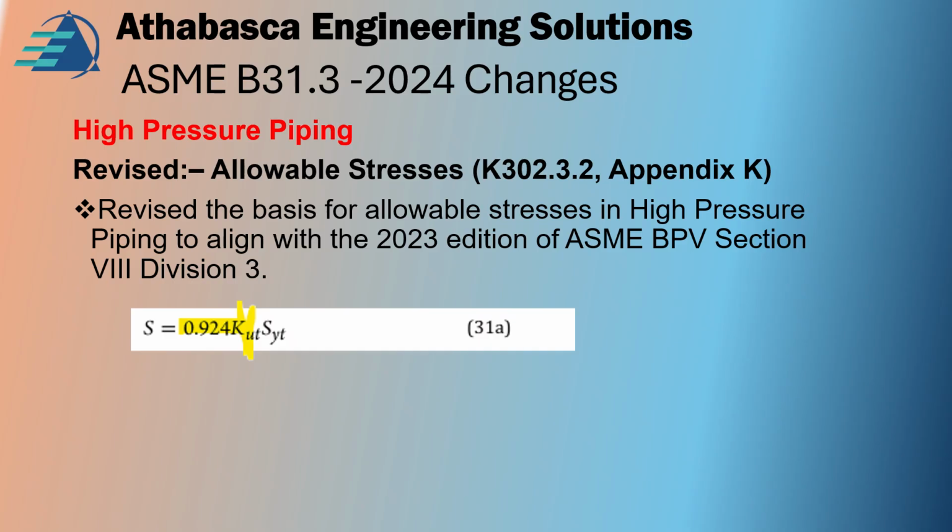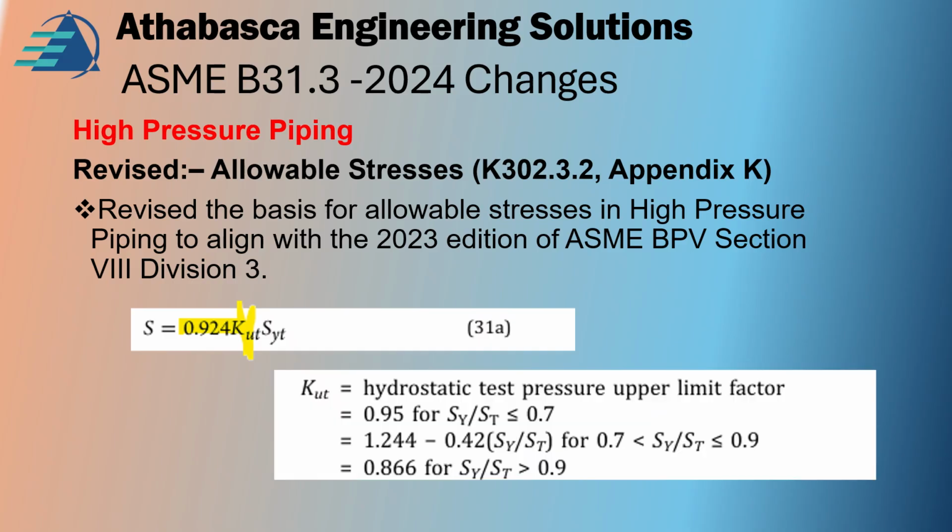So basically what they did is they added this factor here called the KUT, which is called the hydrostatic test pressure upper limit factor. And they said, well, if you take your allowable yield stress over your tensile, and that ratio is less than 0.7, then you can use this value as 0.95.